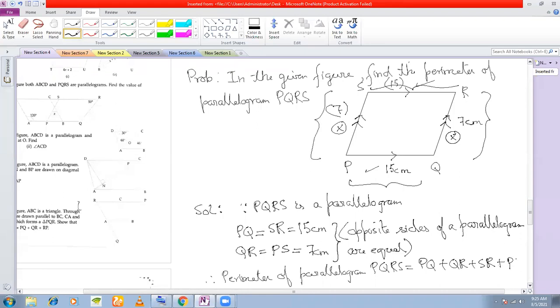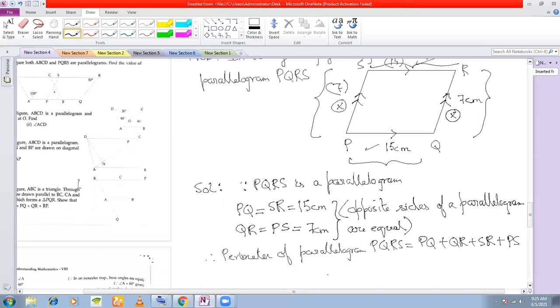PS. We have found all the lengths. Put the values. PQ is 15, QR is 7, SR is also 15, plus PS is also 7, which is equal to 44 centimeters.